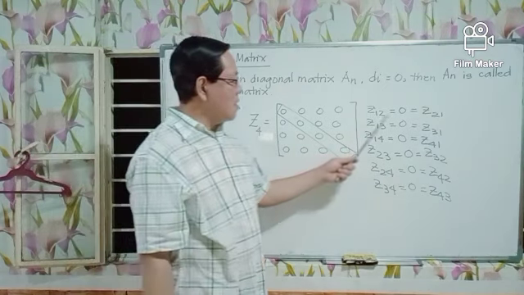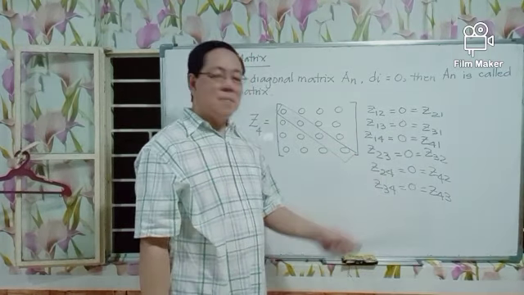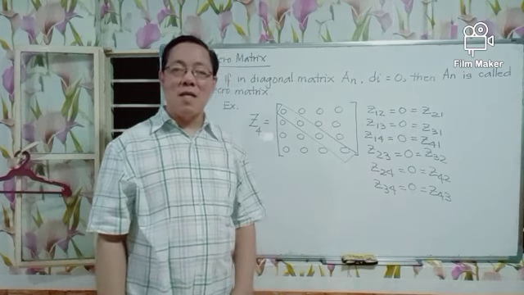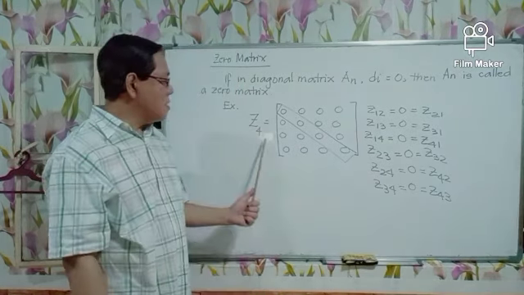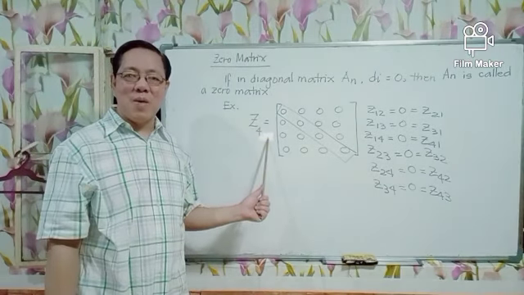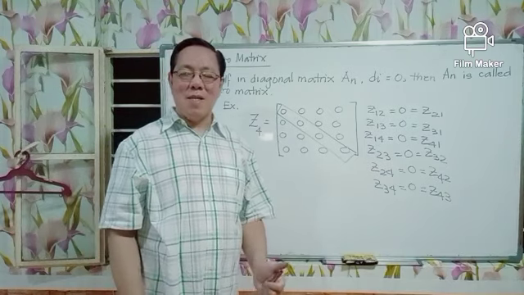But these entries that are equal are not necessarily zero. They happen to be zero because the symmetric matrix is the zero matrix. We now define a symmetric matrix in general.